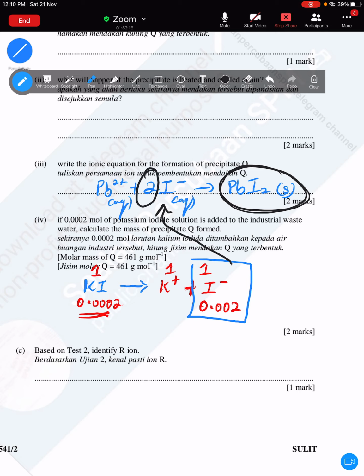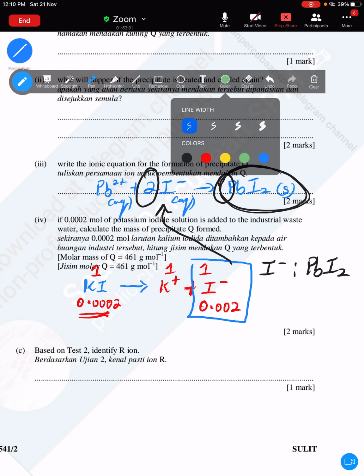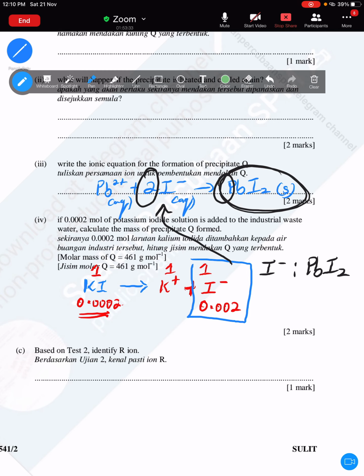What is the ratio of I- to PbI2? Iodide is 2, therefore it is a 2 to 1 ratio. Yes or no?